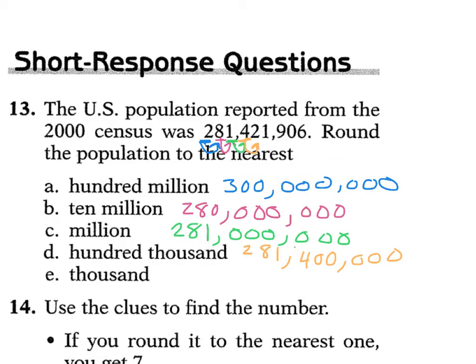And then lastly, we are rounding it to the nearest thousands place. So we're looking at this 1, and the 9 tells us how we need to round it. So since 9 is greater than 5, we're rounding up. So this is 281,422,000. So that 1 rounds up to a 2, and then everything after becomes a 0.